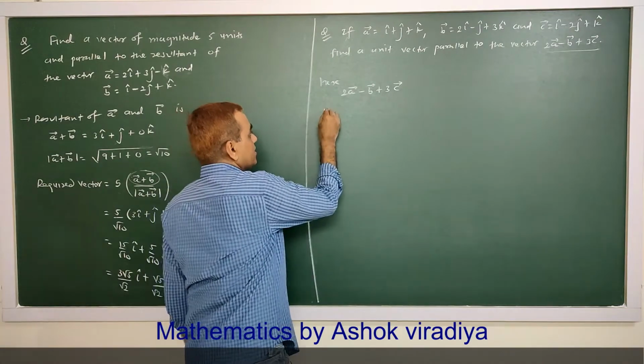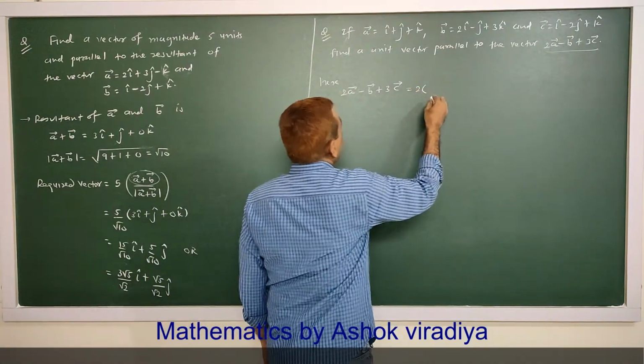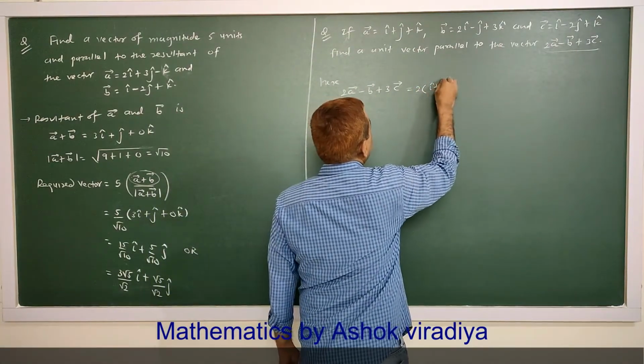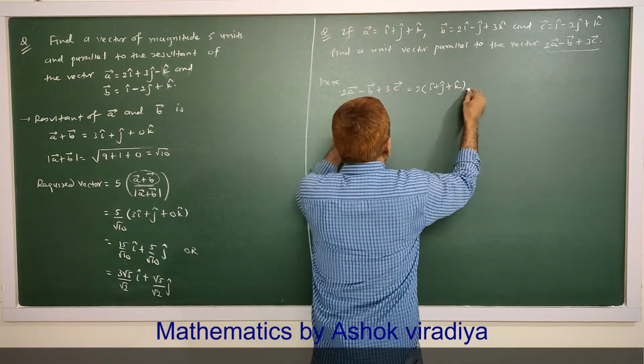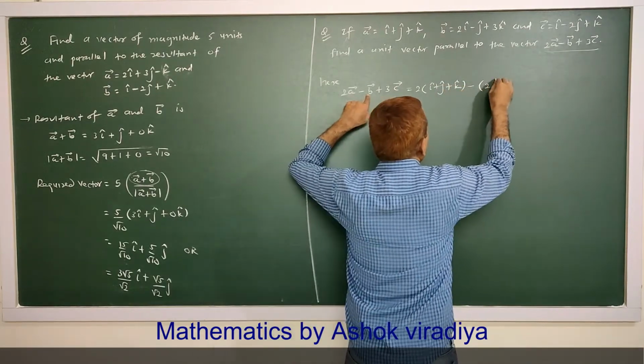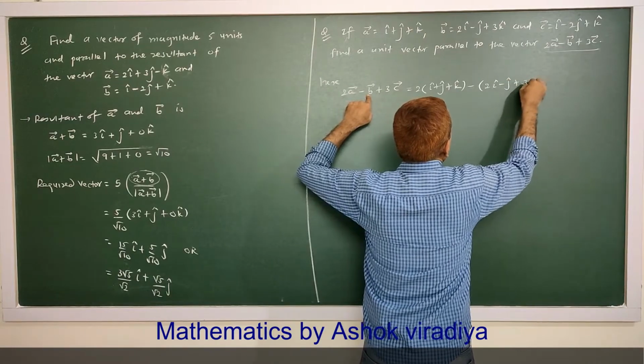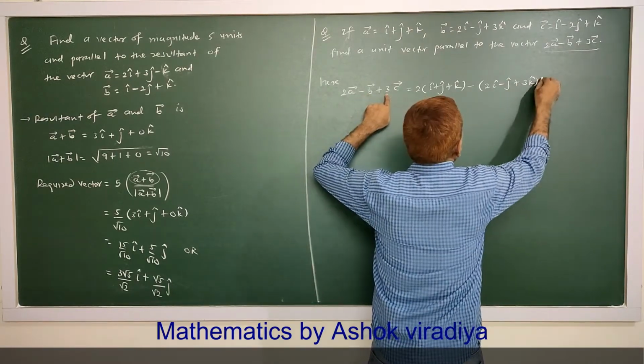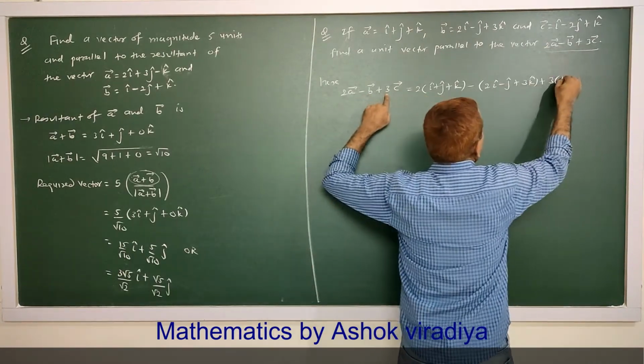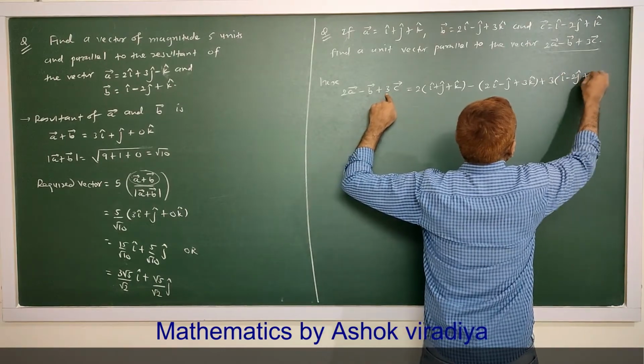So 2 times vector a is i plus j plus k, minus b, so 2i minus j plus 3k, plus 3 times c, which is i minus 2j plus k.